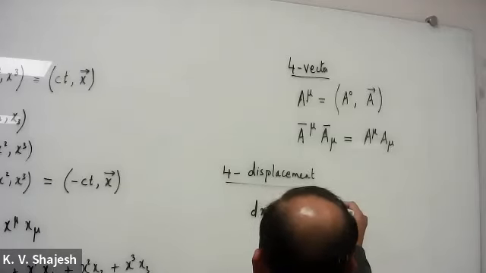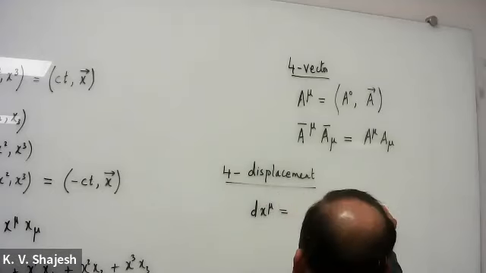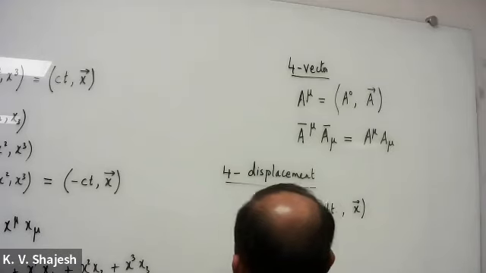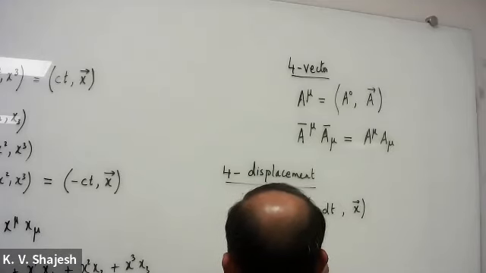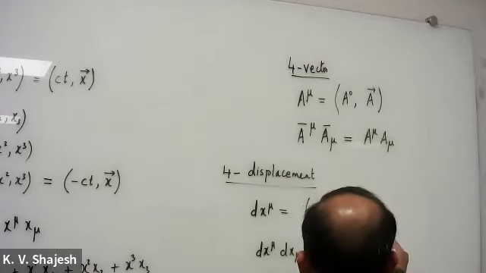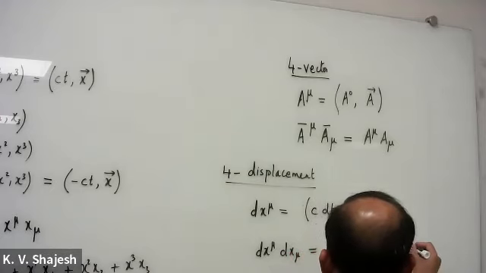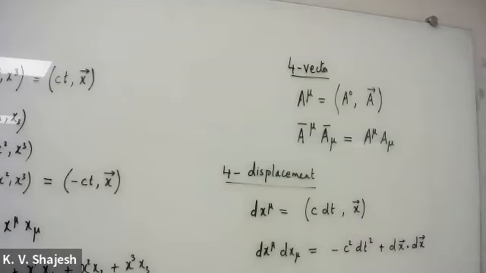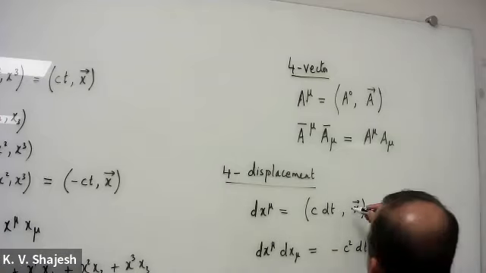So this will be c dt and this is vector dx. dx mu dx mu then is equal to minus c squared dt squared plus dx dotted with dx. Oh, yes. Thank you.